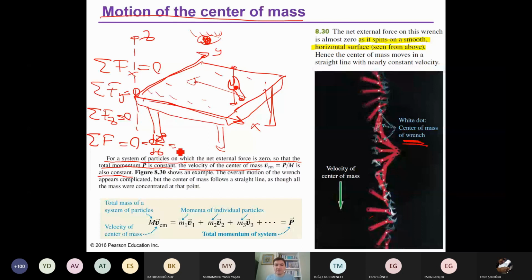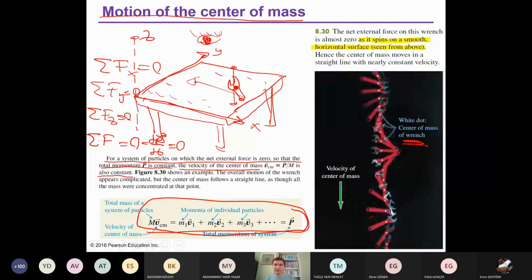So what about the velocity of the center of mass? We have discussed that the velocity of the center of mass times the total mass of the system is given by this expression. It is equal to the momentum. Let's come to this example.